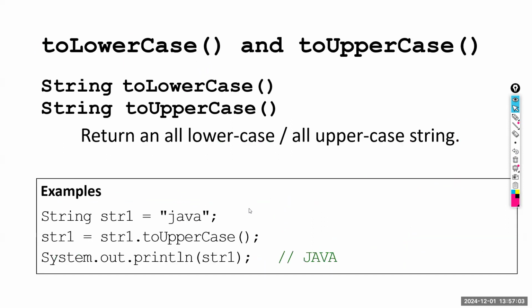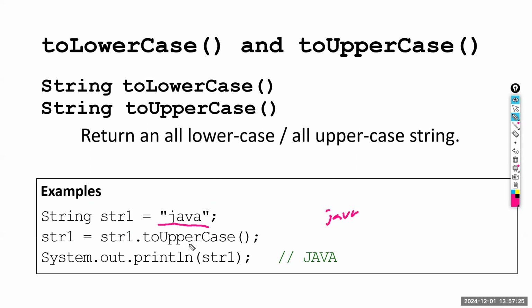Right. So then toLowerCase and toUpperCase. The toLowerCase method will convert every character into its lowercase. toUpperCase will convert each and every character into uppercase. Of course, if it is already uppercase, it is not going to touch it. So this is my string, and if I just print it, it will print Java like this.